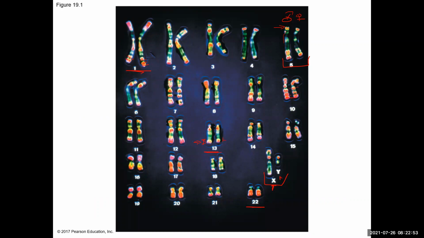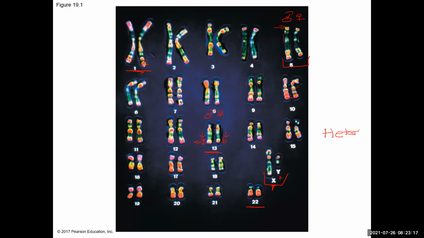If you have the lowercase b, it represents blonde. Let's say this one comes from the father and this one comes from the mother. The mother passed on the blonde allele, the father passed on the brown allele. So these two alleles are different, so this is heterozygous.